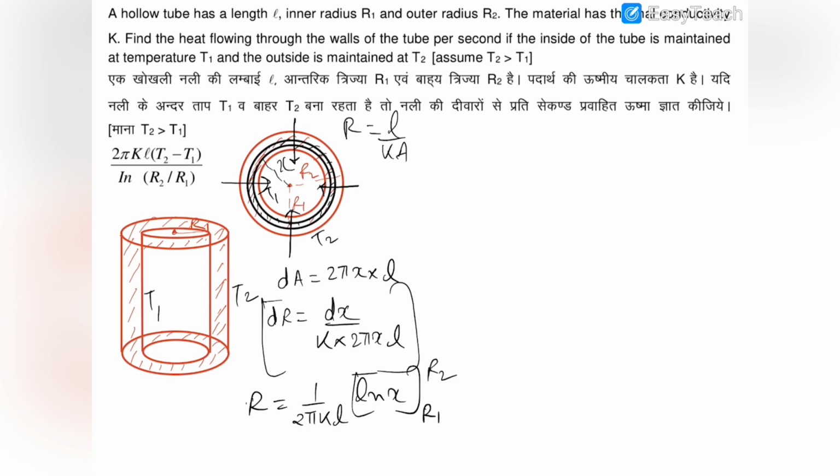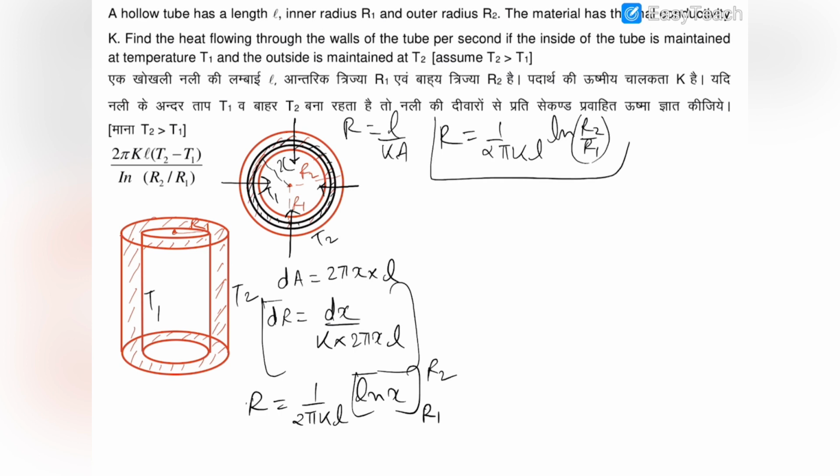You can integrate in either direction, and obviously keeping in mind that resistance cannot be negative. So R will be equal to 1 upon 2 pi K L ln R2 by R1.